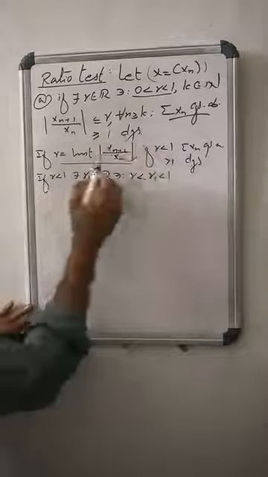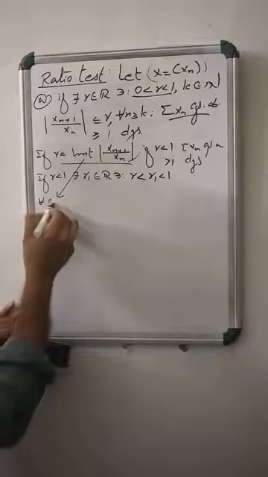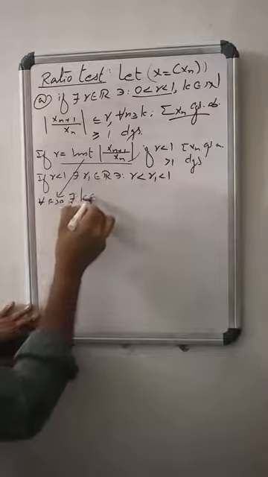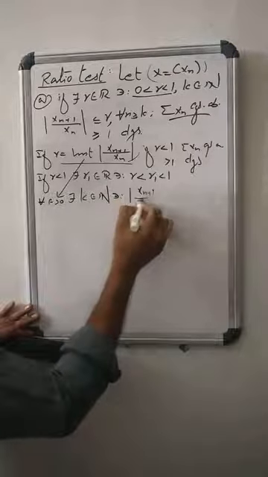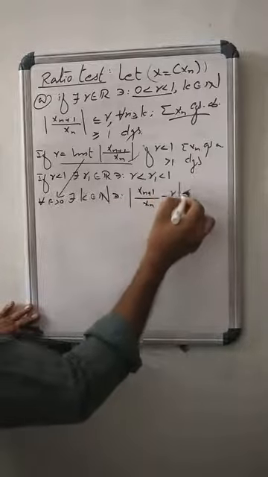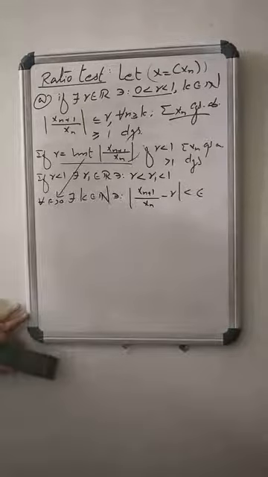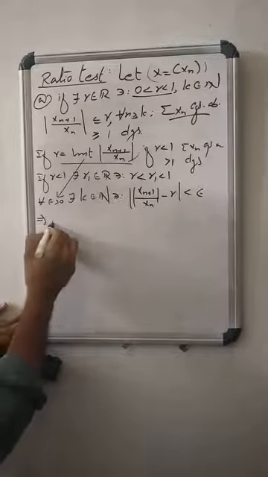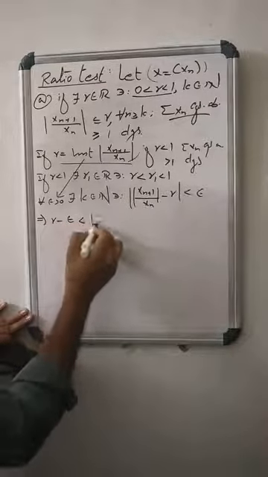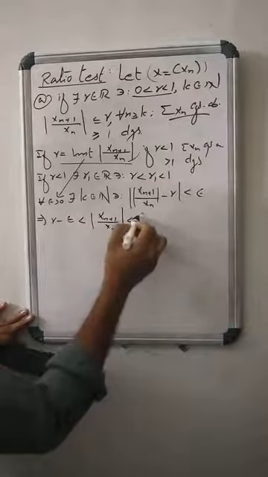Then r equals the limit means, for all epsilon positive, there exists some k in n such that modulus of xn plus 1 by xn minus r is strictly less than epsilon. That means r minus epsilon is strictly less than modulus of xn plus 1 by xn, strictly less than r plus epsilon.